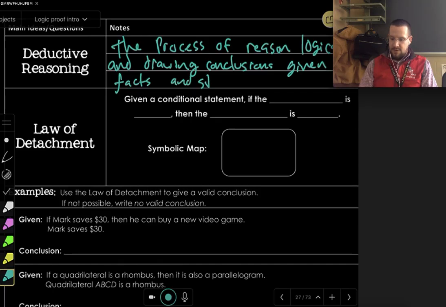And that last part, the statements, we've been looking at statements now for several days, and so that's really what we're going to be looking at to see if these statements are factual.